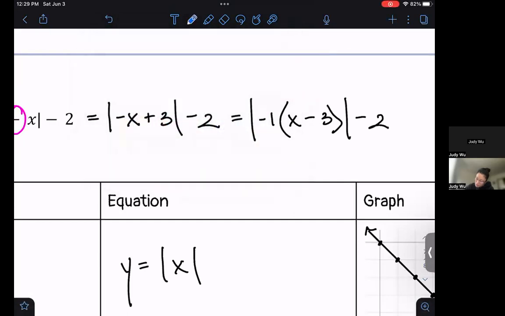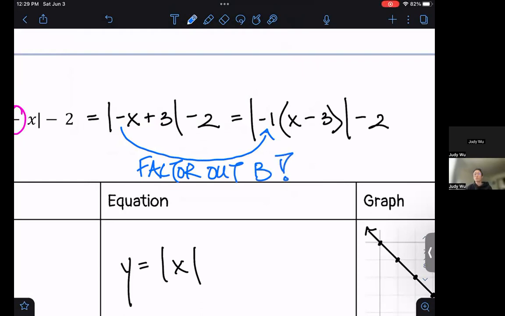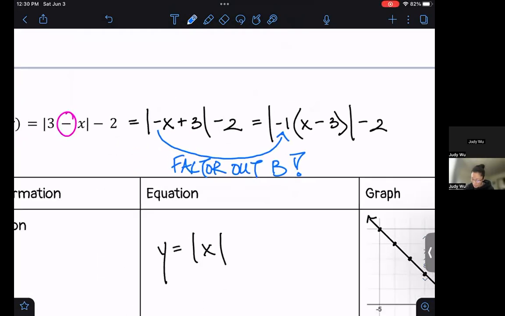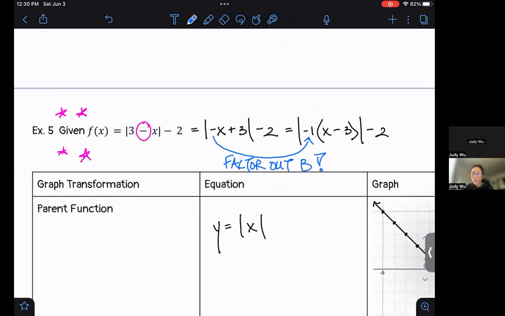So this step right here, where we factor out b, is so important. So important that I gave it 4 pink stars, but if I could, I would give it like a bazillion pink stars. This is an important step, okay?